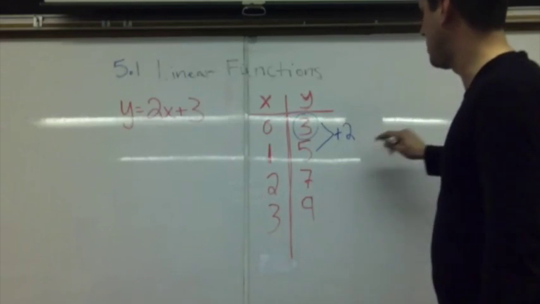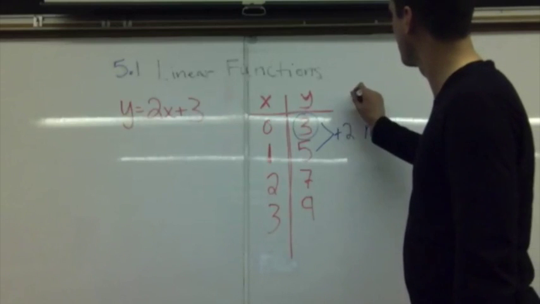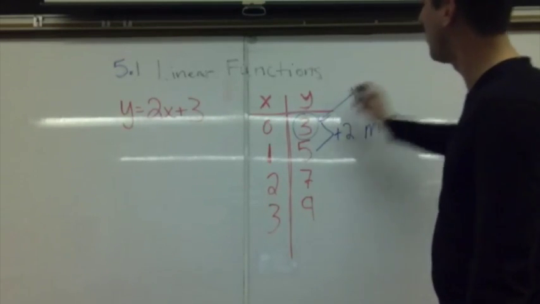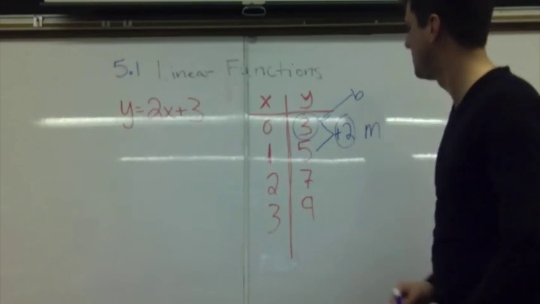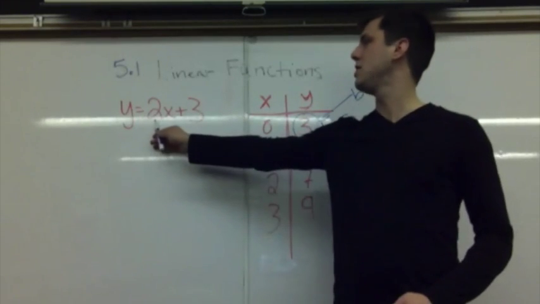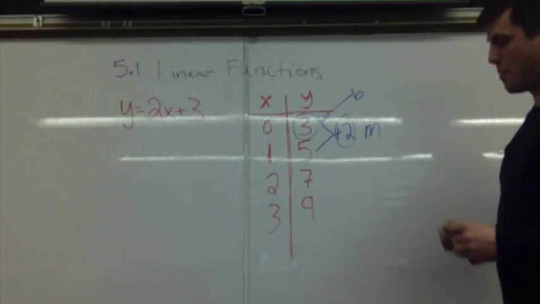And the plus 2 is your m. So we have our b and our m value. Over here, you see that positive 2 is our m value. That is how you find m and b on the table.